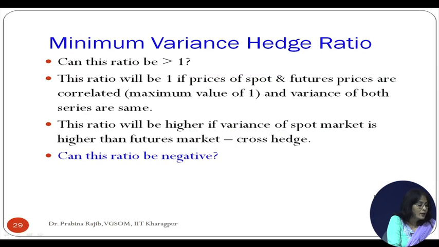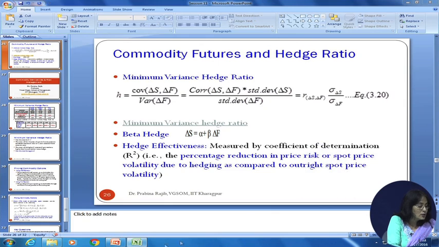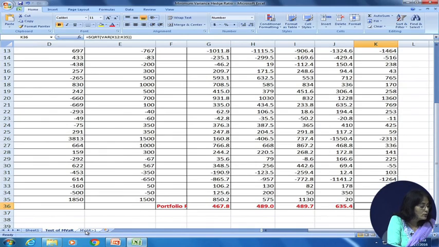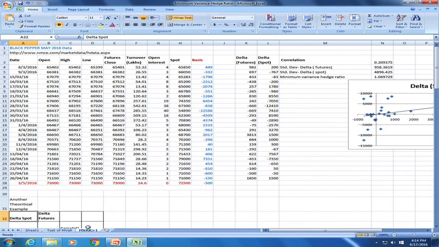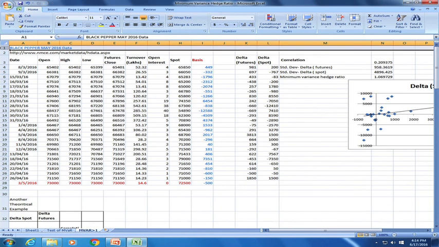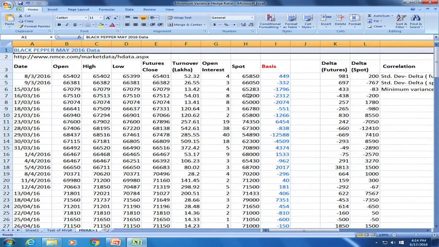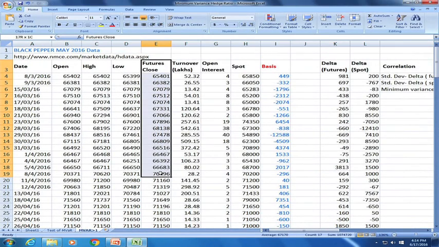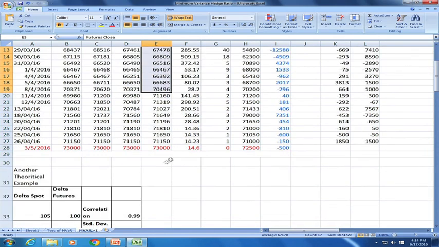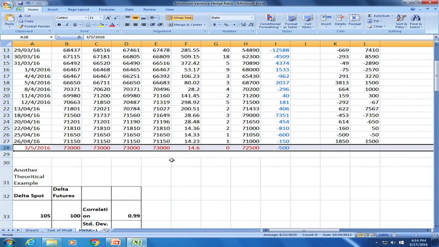So I have again taken a hypothetical situation. Let me go back to the black paper May 2016 data. I have the same data, however I have done some random modification to the futures price and the spot price, without doing any change to the price prevailing on the contract squaring off date.